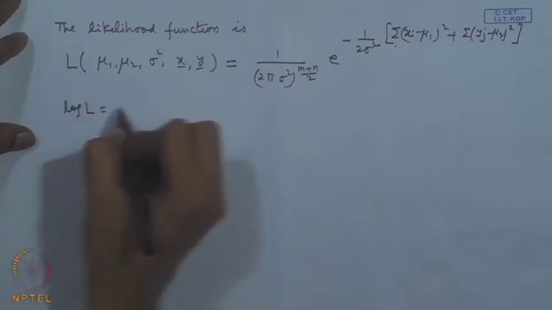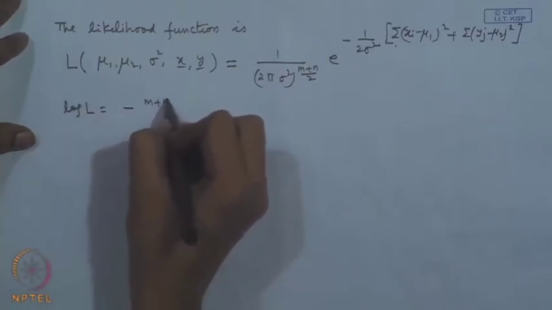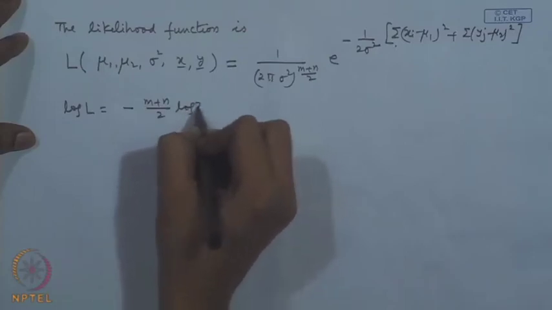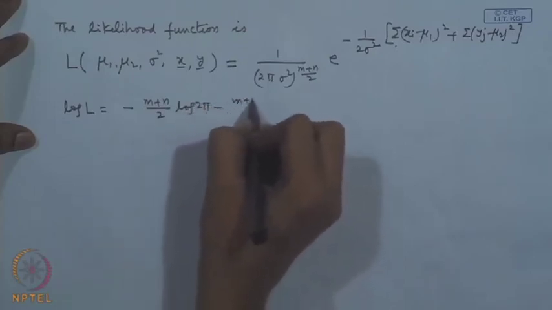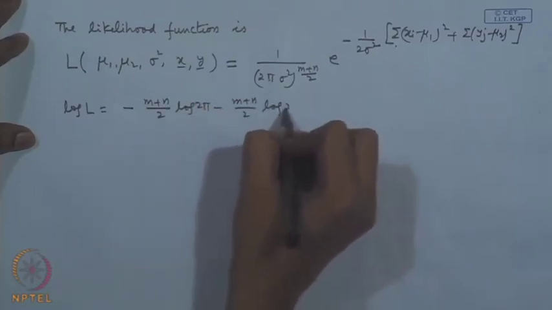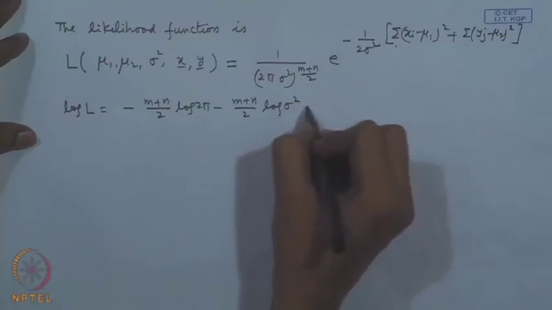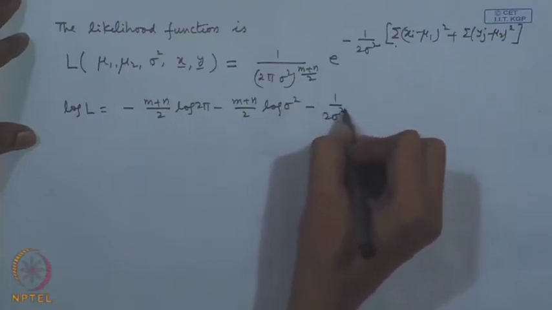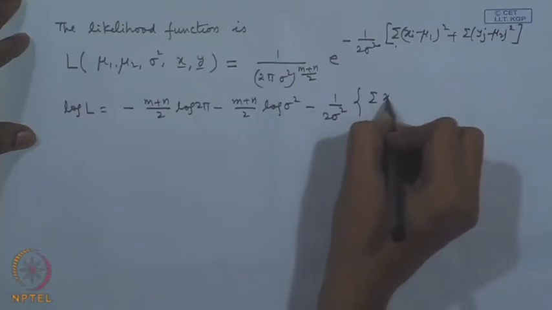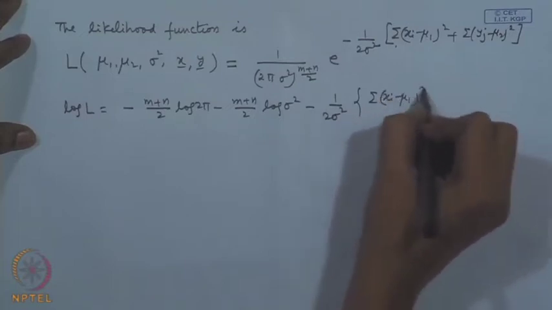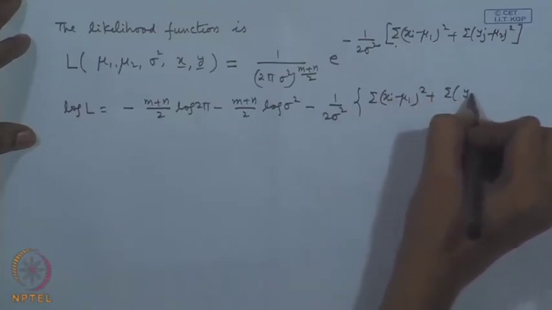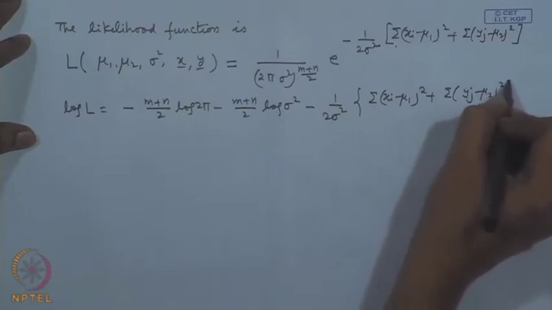Log of L is equal to minus (m plus n) by 2 log of 2 pi minus (m plus n) by 2 log of sigma square minus 1 by 2 sigma square times the sum of (xi minus mu1) square plus the sum of (yj minus mu2) square.